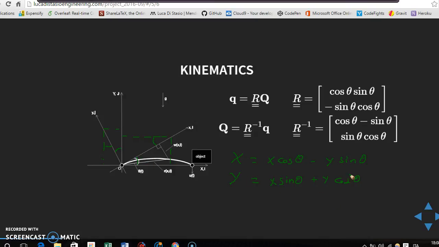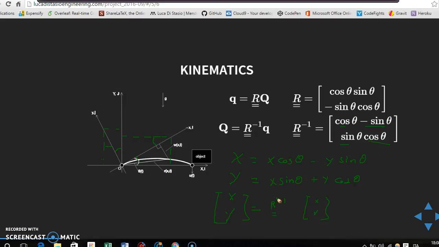So if we gather in a vector big X and big Y, we get exactly R⁻¹ of small x and small y. Okay, so cosine, minus sine here and here, sine and cosine here and here.